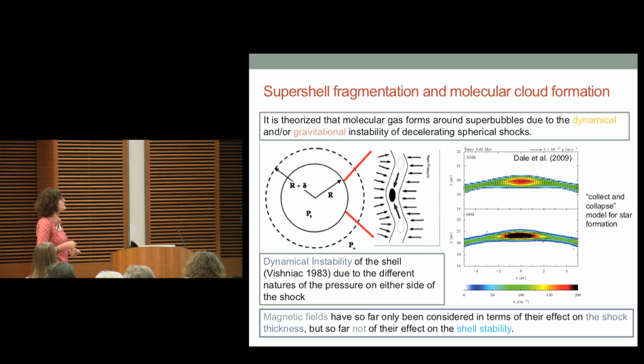This is one instability associated with shells. So there is another instability, gravitational instability, the collect and collapse model for star formation that is very well known, especially associated to H2 regions. So magnetic fields in this context have so far been investigated in terms of the effect they have on the thickness of the shock, but not very much on their effect on the stability of the shock as they bend around it.